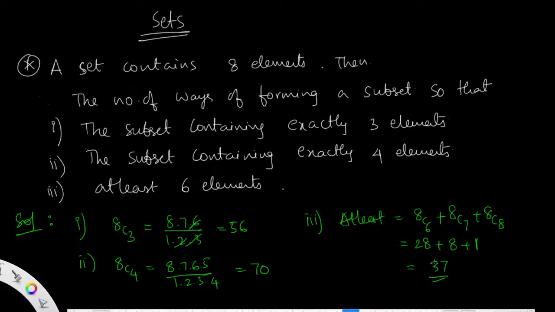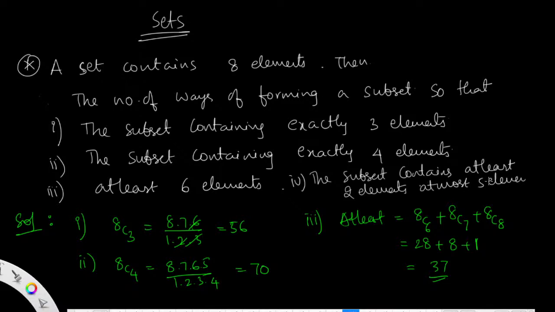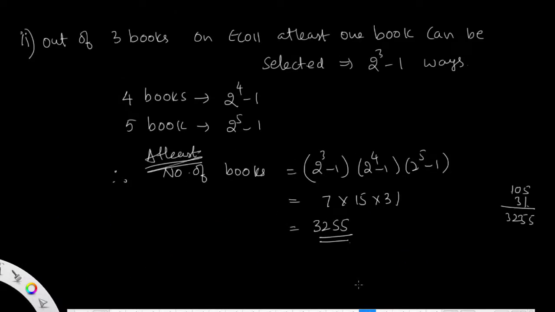The next one, the fourth question, is also given. Question number 4: the subset contains at least 2 elements, at most 5 elements.